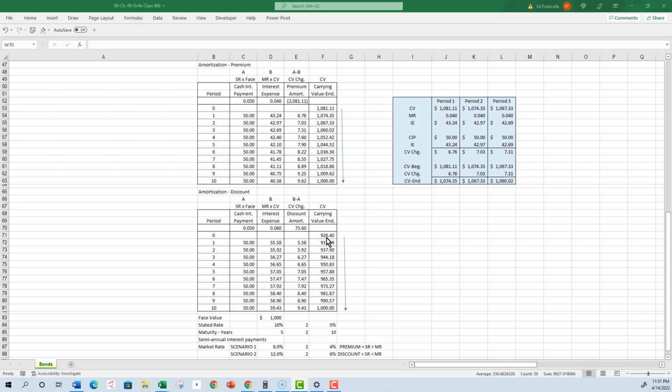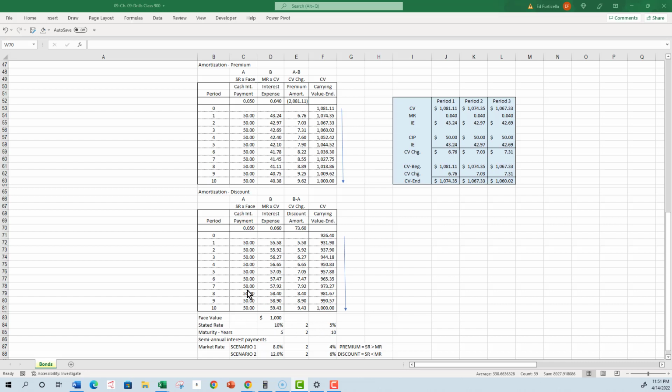The $50 is always based on the face value and the stated rate of interest. To get the cash payment in this problem, we multiply the 1,000 by 5% to get $50 for every semi-annual period payment. That doesn't change, and that's referred to as an annuity.